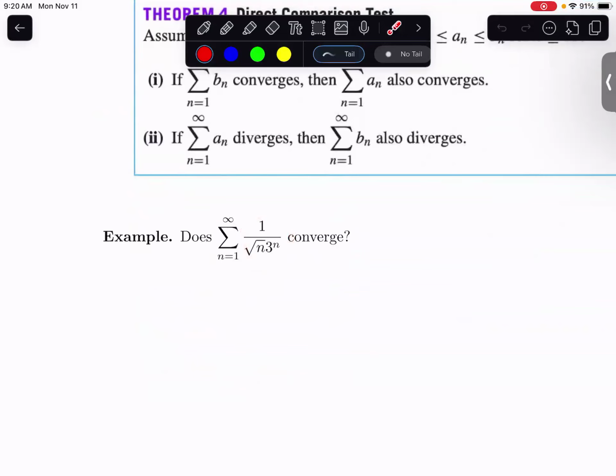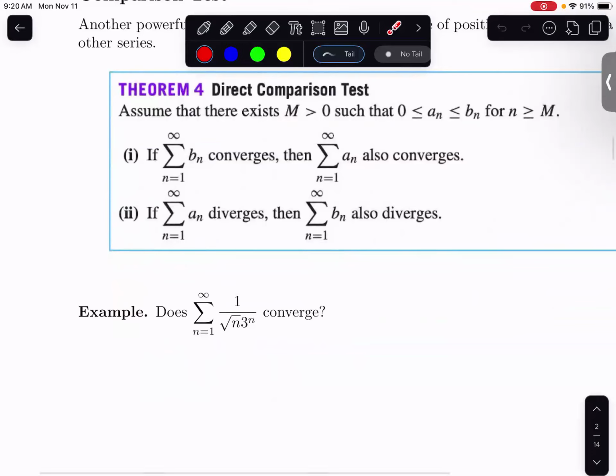I guess there are two sequences that we're familiar with. There's 1 over the square root of n, which we know is going to diverge because it's a p series where p is equal to 1/2. But then we also have 1 over 3 to the n. This is going to be a geometric series where the ratio is 1 over 3.